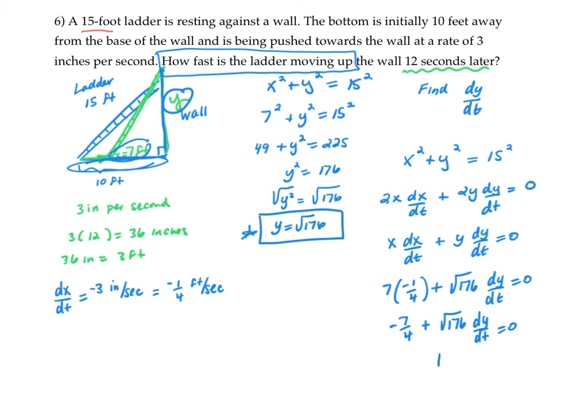So we have the square root of 176 dy/dt is equal to 7/4. And to solve for dy/dt, take 7/4 and divide it by the square root of 176. Okay, be sure to use parentheses and be careful when you're typing it into your calculator. So to 4 decimal places, it works out to be 0.1319, and our unit of measure will be feet per second.